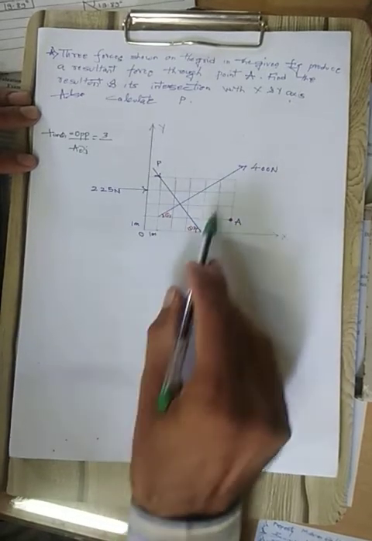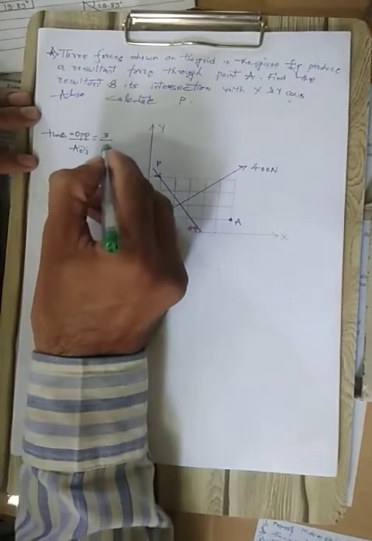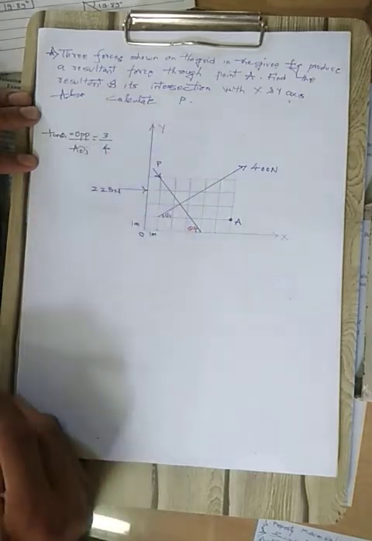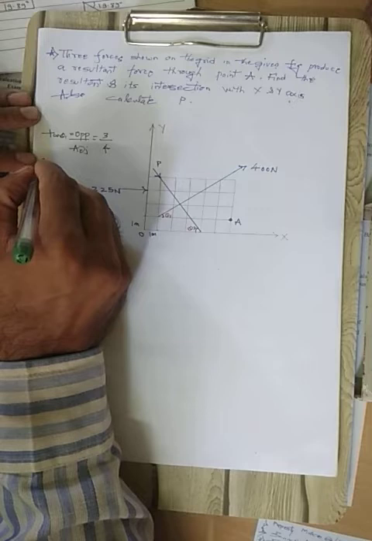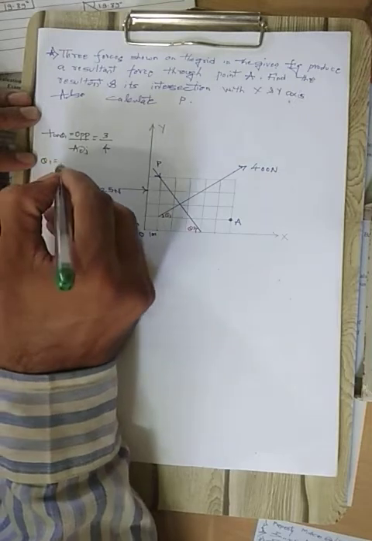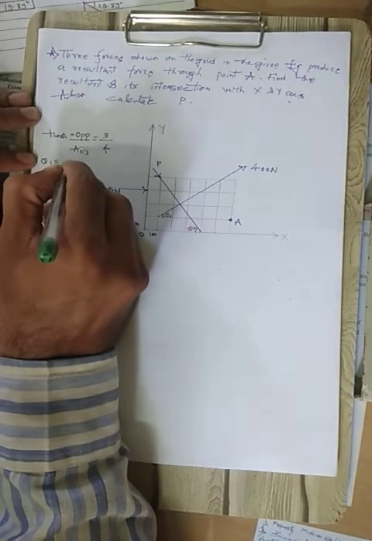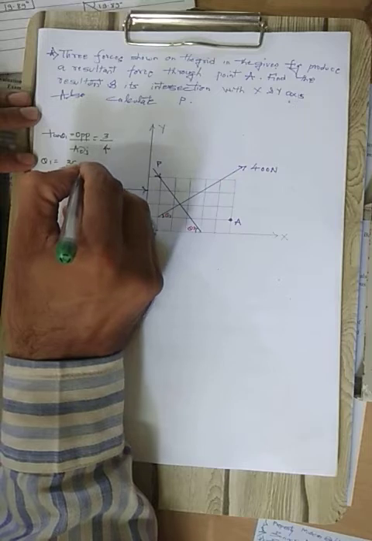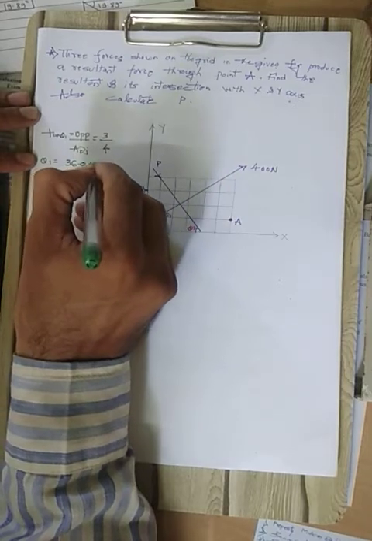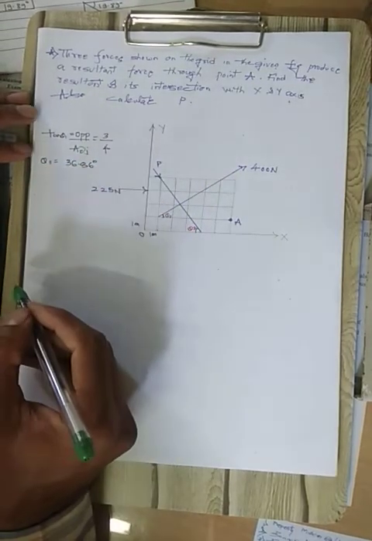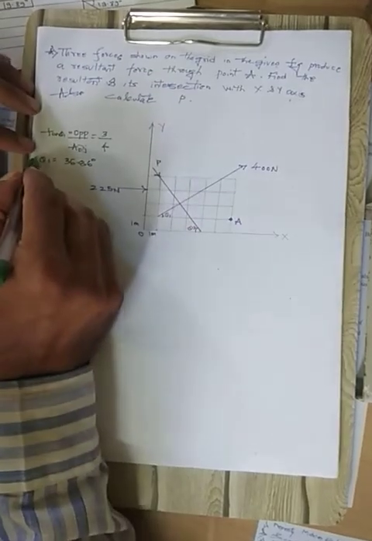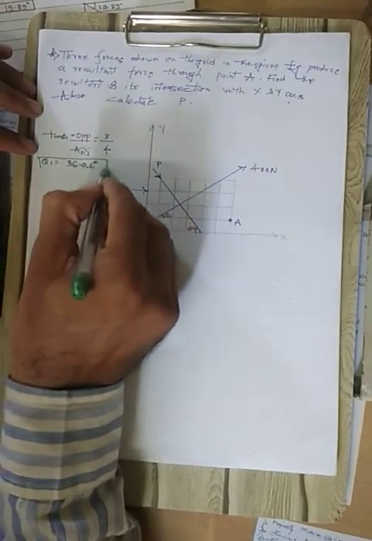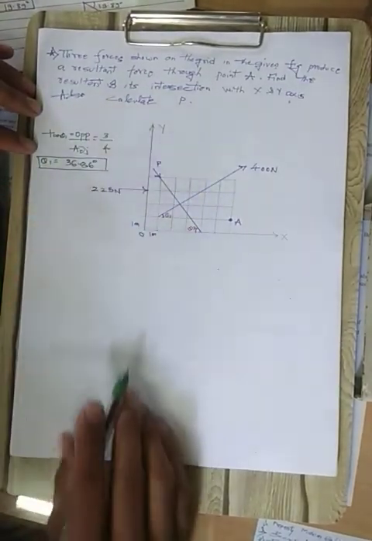This is the triangle. After converting, theta 1 is equal to tan inverse of 3 by 4. It comes to be 36.86. You can also solve it with the help of a calculator. The theta value comes to be 36.86. Okay. Up to this it is clear.